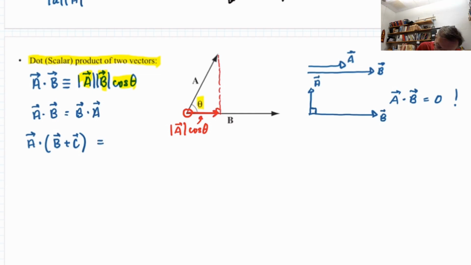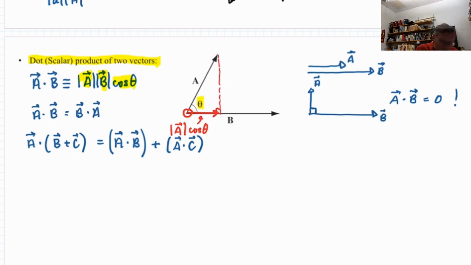In other words, you can write this as the operations A dot B, and you can use parentheses if it helps you to see the pairing, plus A dot C. We have distributed the dot as a vector operation through the parentheses. Okay?